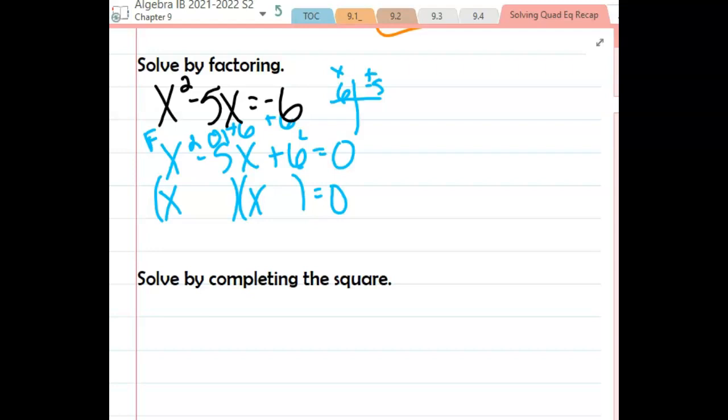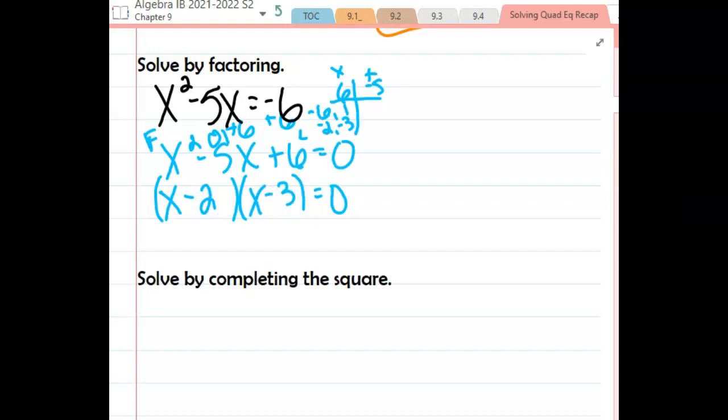Any ideas? Now, if I did 6 and 1, in order to get a negative 5, it'd have to be negative 6 and 1, but negative 6 times 1 would give me a negative 6. Negative 2 and negative 3. So it'd be x minus 2, x minus 3.